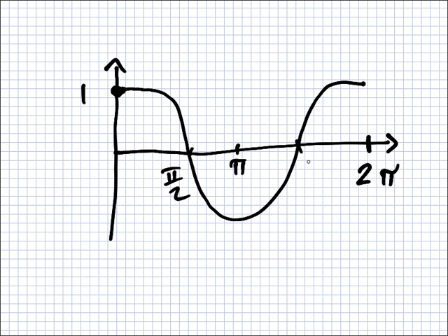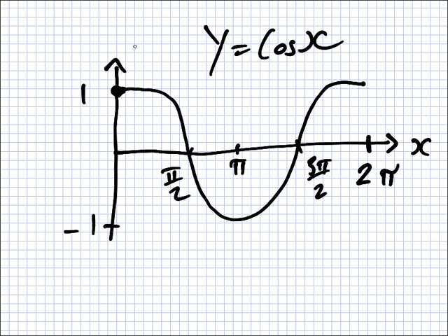Isn't that right? Yeah, 3 pi over 2. And here is minus 1. And this is cos x. And again, it's periodic. It repeats. You probably have seen this one as well, yeah?